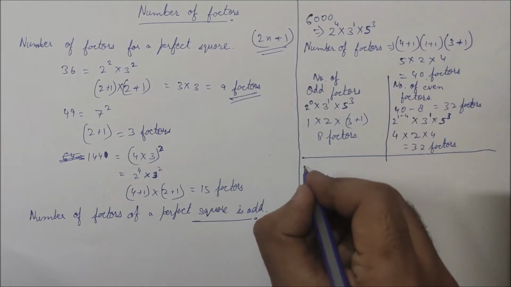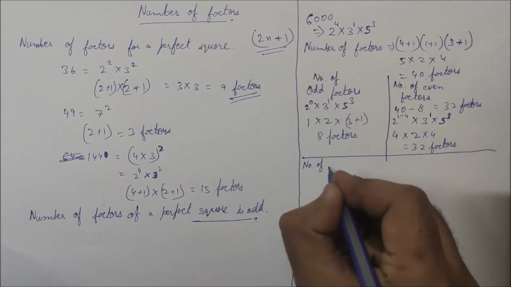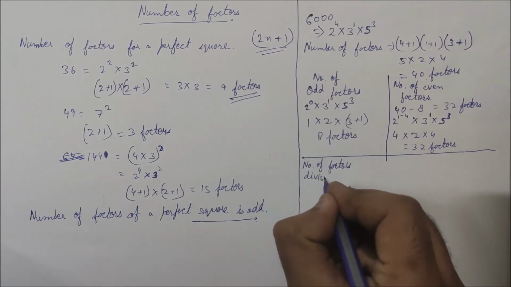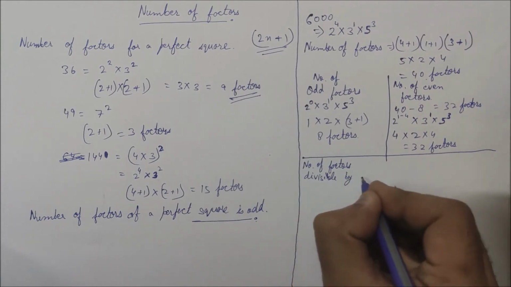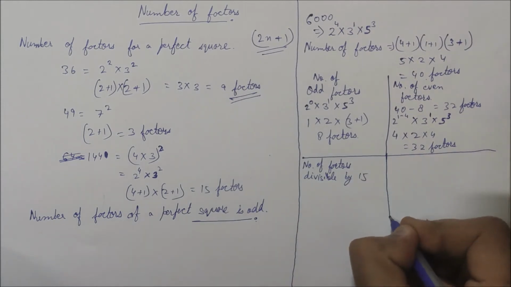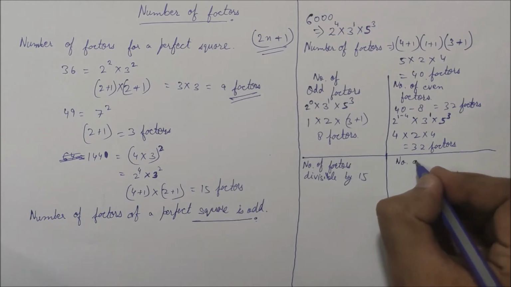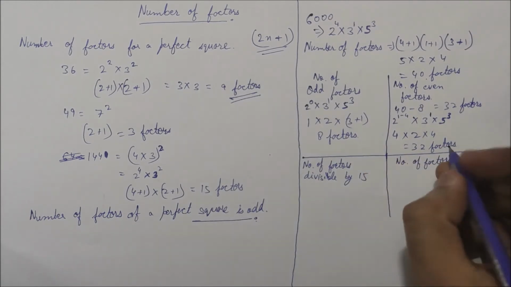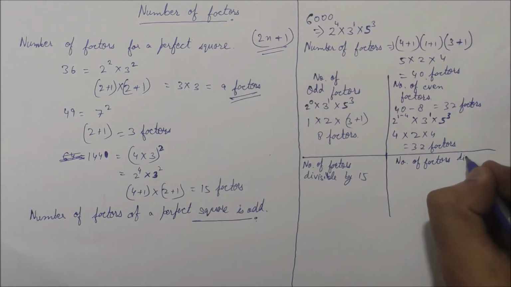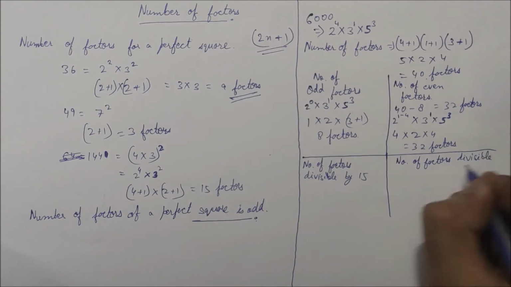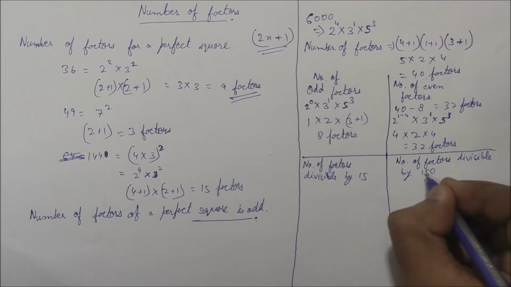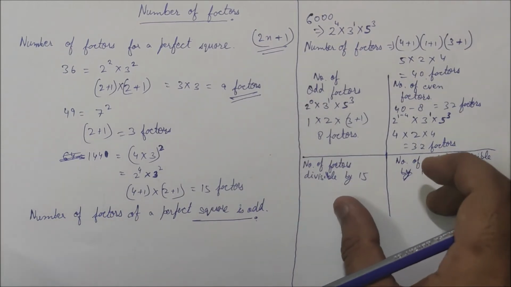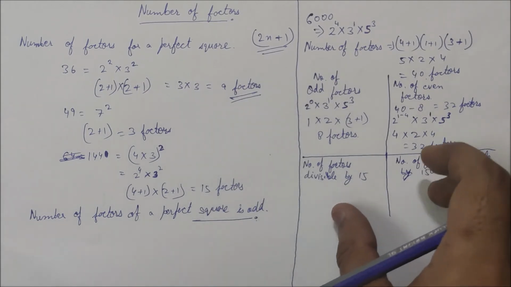So the number of factors divisible by 15. Another example that I'll take, certainly a bigger number, is the number of factors that are divisible by 150. These two examples would help you understand how to calculate such numbers of factors.